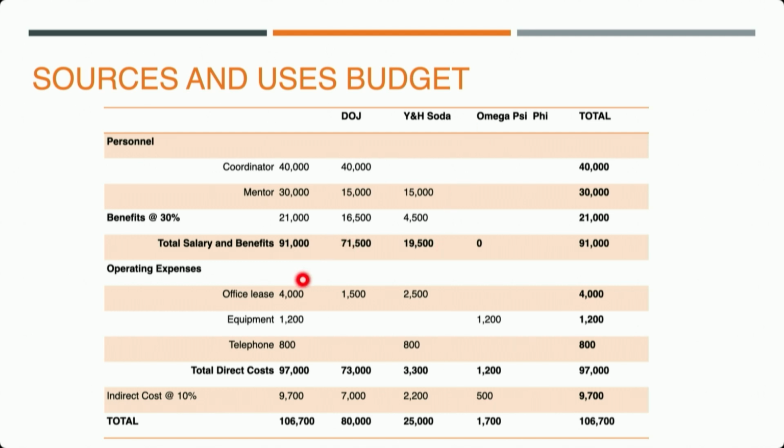Now, in terms of operating expense, they include office lease here, and the DOJ is going to put out $1,500 towards the office lease, and the Y&H Soda $2,500. You can see that $1,200 that came from the fraternity is going particularly to equipment. That tells me something. That tells me it's restricted money. It means the fraternity likely donated that money specifically to purchase some equipment, right?